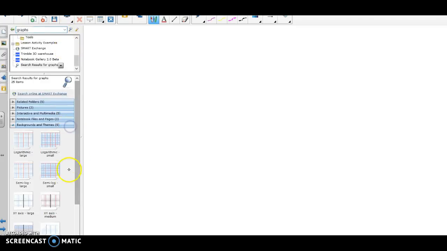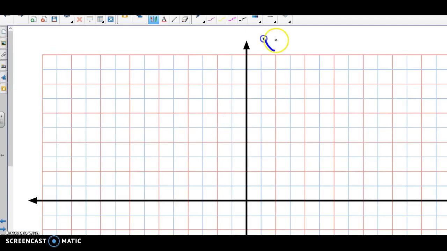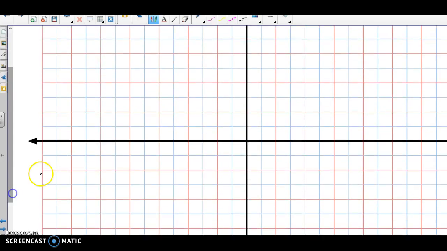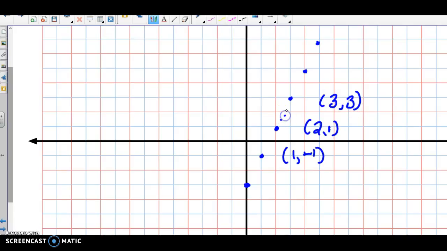If I pull up a graph and I graph y equals 2x minus 3, that means my y-intercept is at negative 3 and my slope is 2 over 1. All of these would be solutions to that equation, any one of these points. So 1, negative 1 would be one, 2, positive 1, 3, positive 3. They would all be solutions, along with all the decimal solutions in between. They would also be solutions to the graph.